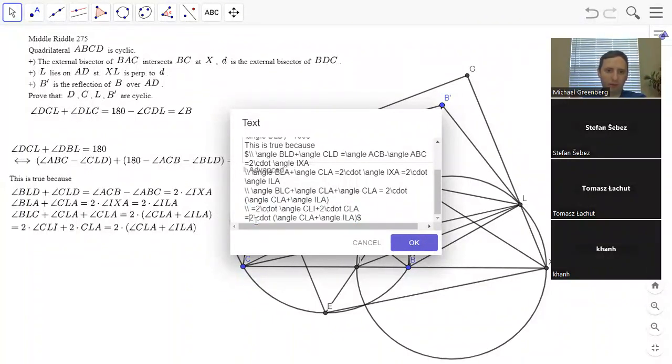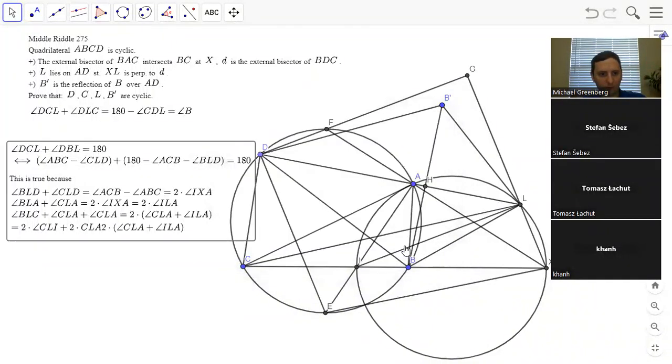Delete not the whole line, just that equality, and that should be all right. And just put an equality sign in the middle before 2 times CLA plus ILA. Like that. Okay, that equality sign is okay, just at the start of the line. This one? Yeah. Okay.